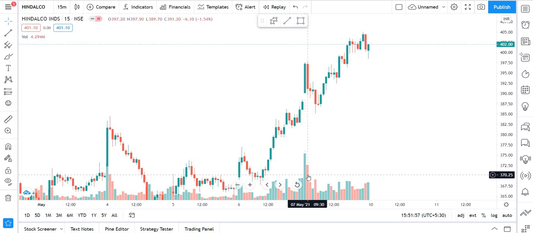Because you can also see that the candle which started at 9:30 also has good volume. And in this candle the market opened at 397 and closed at 391. So almost the gain that we had in the first 15 minutes is gone in the second 15 minutes. You can imagine what kind of volatility is there in the initial 30 minutes. The gains were made and they were gone in the next 15 minutes like a flip of a finger.